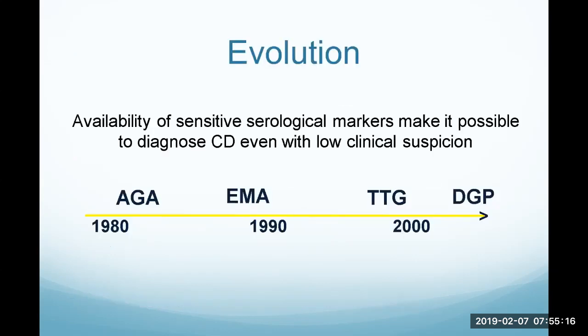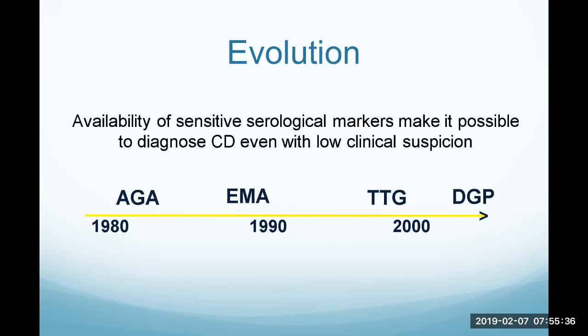So the evolution of diagnosis of celiac disease has gone from using anti-gliadin antibodies in the 1980s to TTG lately, and now deamidated gliadin peptide, which is a new thing.